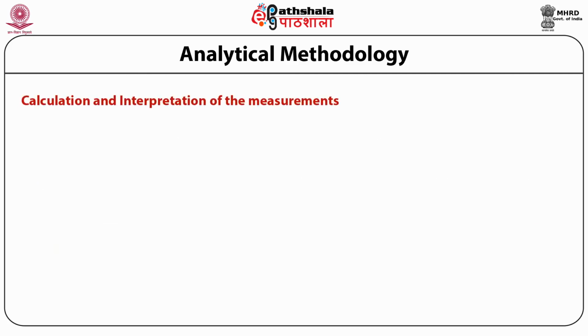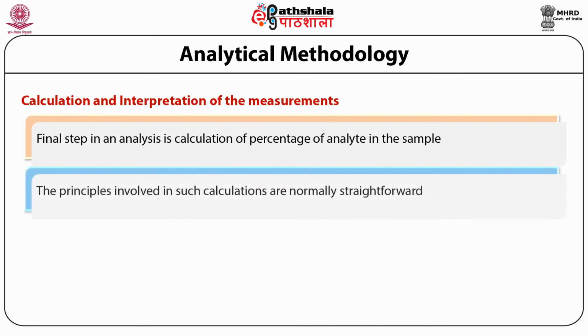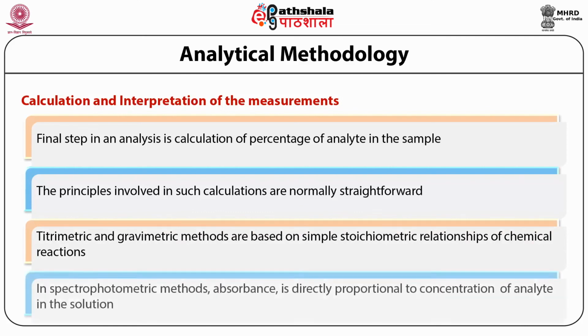Calculation and interpretation of the measurements. The final step in an analysis is calculation of the percentage of analyte in the sample. The principles involved in such calculations are normally straightforward. For example, titrimetric and gravimetric methods are based on the simple stoichiometric relationships of chemical reactions. In spectrophotometric methods, the property measured, absorbance, is directly proportional to the concentration of the analyte in the solution.